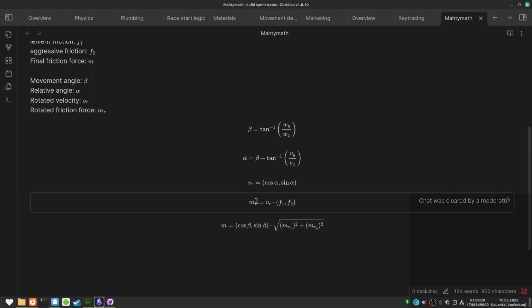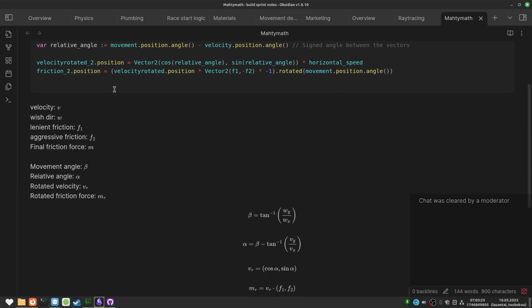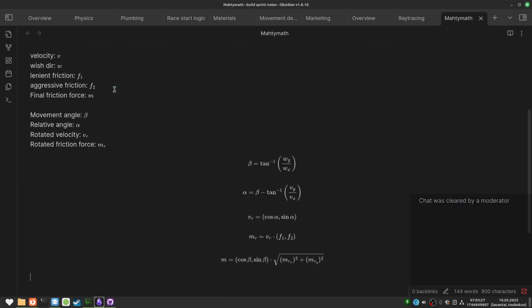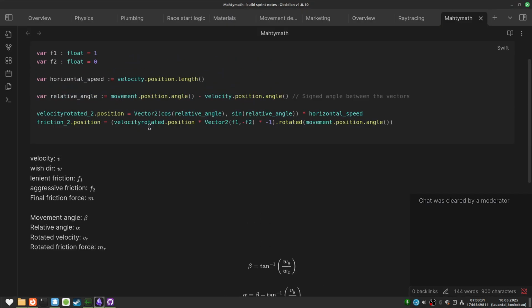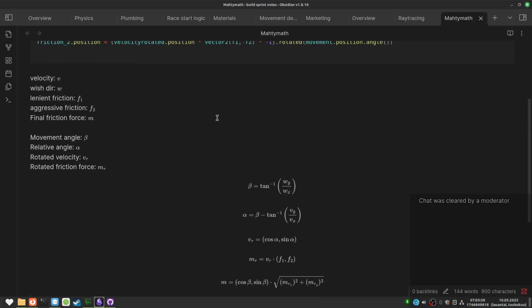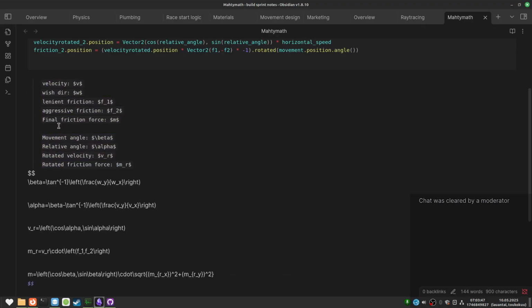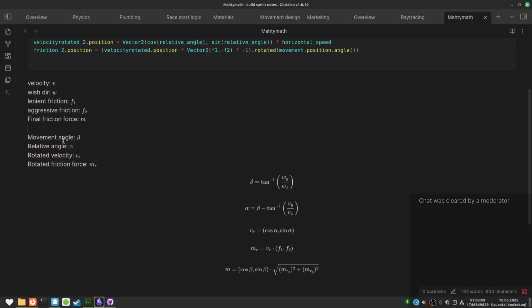Hold on, so this is velocity rotated times that. And taking... Hold on. This is that... I wish to collapse this section.